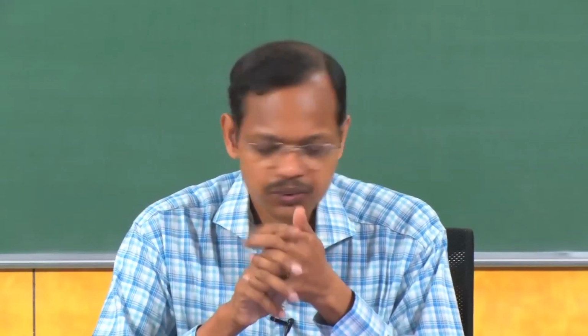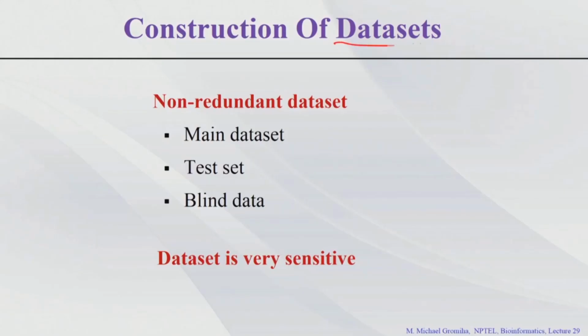It is very important to construct the data set, because we need experimental data for developing any model. If you use predicted data, that introduces more bias, and your sensitivity or reliability will decrease. So, you need reliable data.